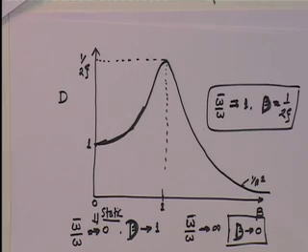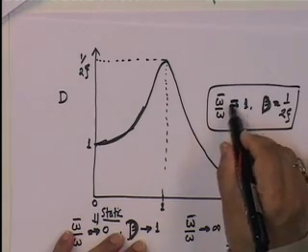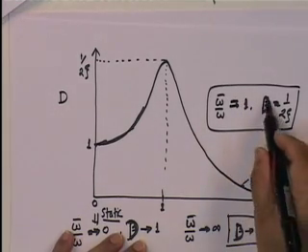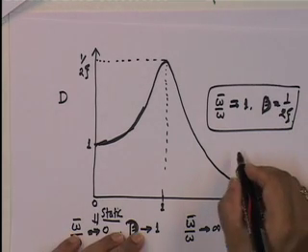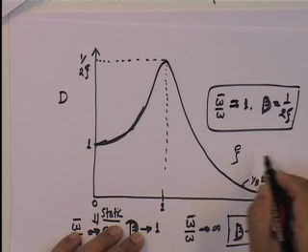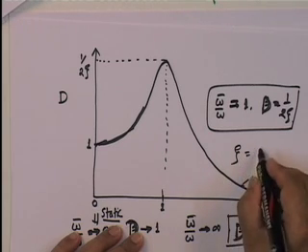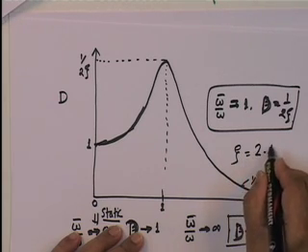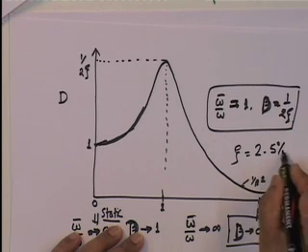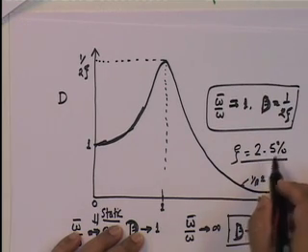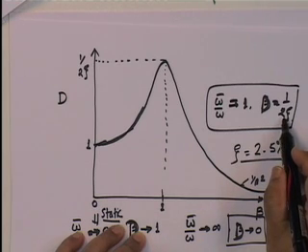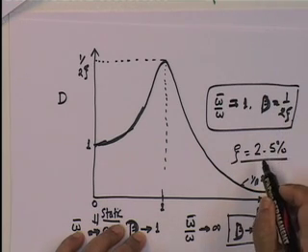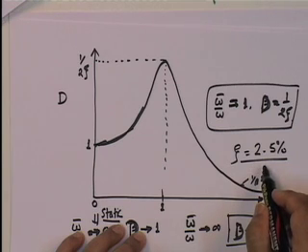Let us look at the other situation where you have resonance. What is D? 1 upon 2 xi. Think of xi typically in a structure as 2 to 5%. Take 2% here. What do you get? 1 upon 0.04, that is 25.